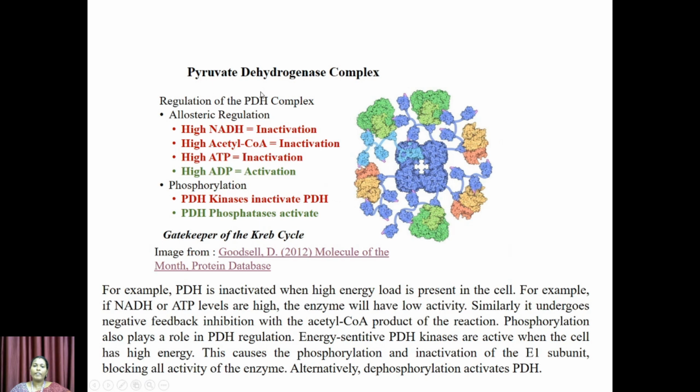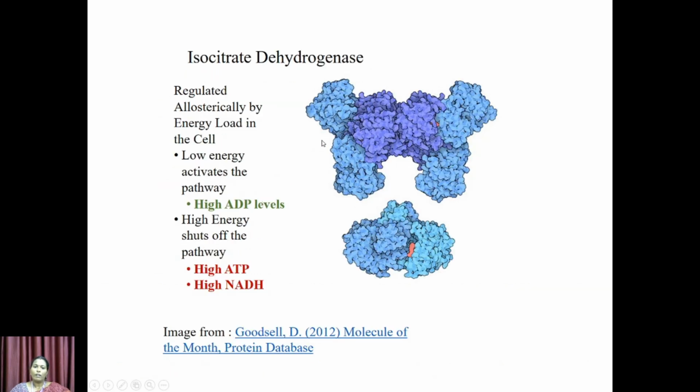Next, pyruvate dehydrogenase complex. This is NADH inhibition, acetyl-CoA inhibition, ATP, adenosine triphosphate inhibition, ADP activation. This is the allosteric regulation. Next, phosphorylation. Next, isocitrate dehydrogenase.